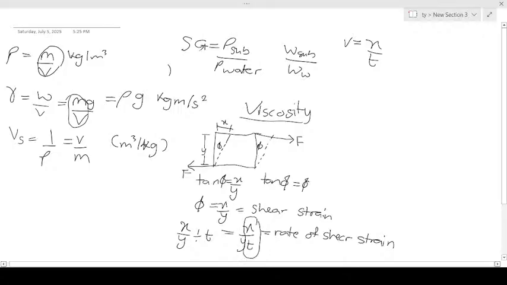So we can say that our rate of shear strain is equal to u over y. So this is an important piece you should take note of.